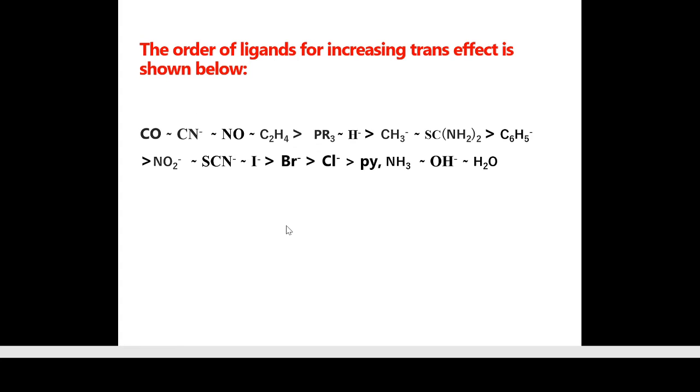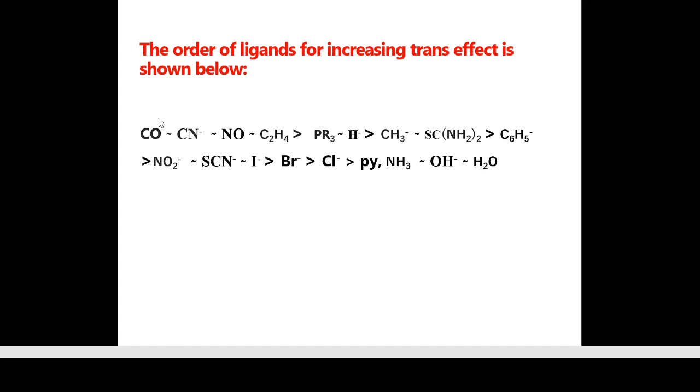Student, if you have to study the trans effect properly, you should know this whole series, meaning you have to learn this series perfectly. Okay, see, CO, CN, NO, C2H4 all are pi ligands. Okay, these all are pi ligands.